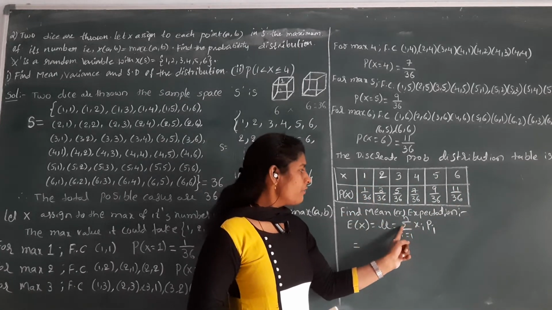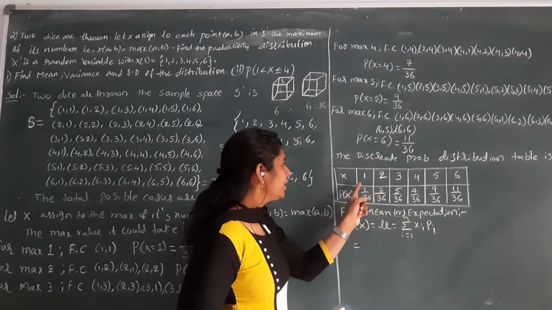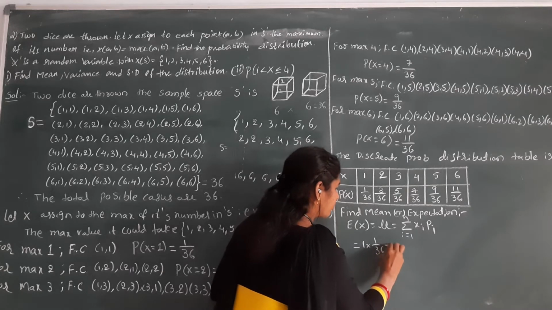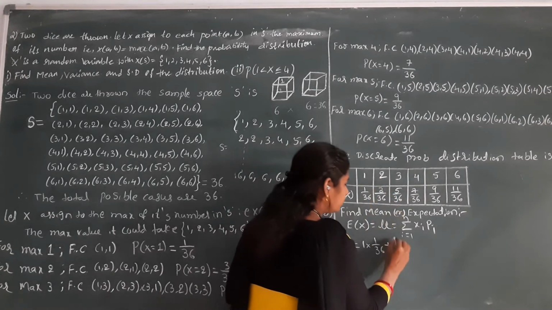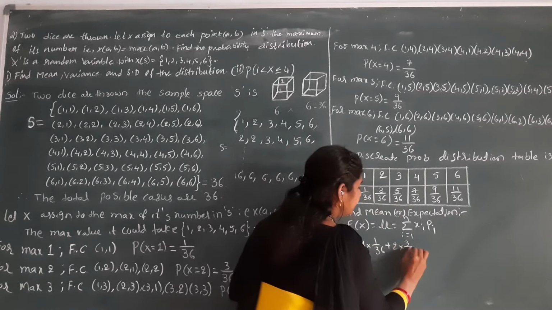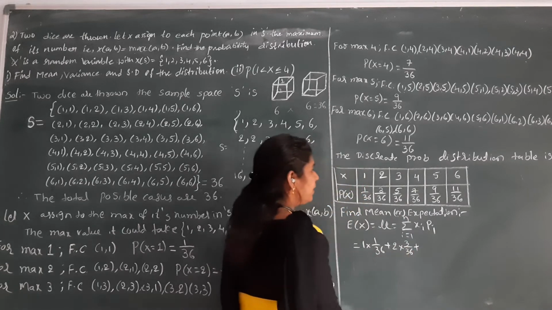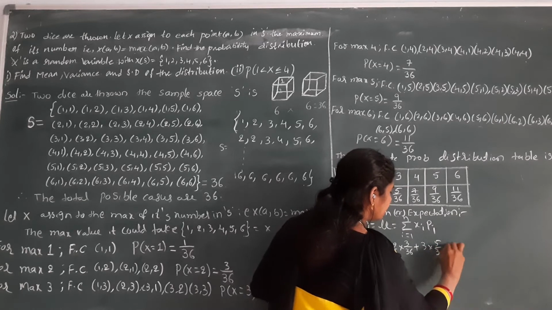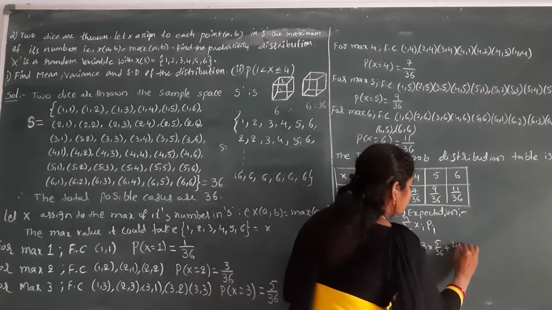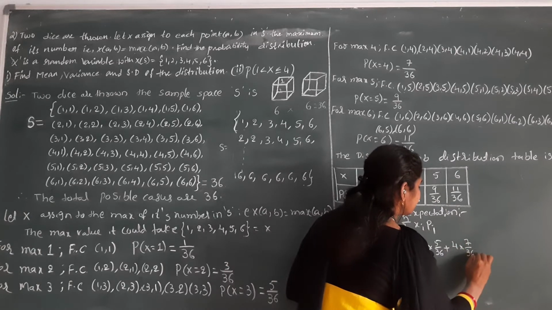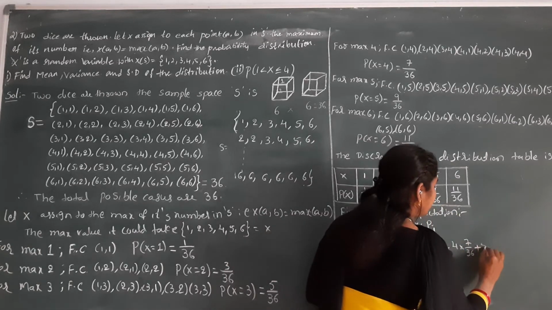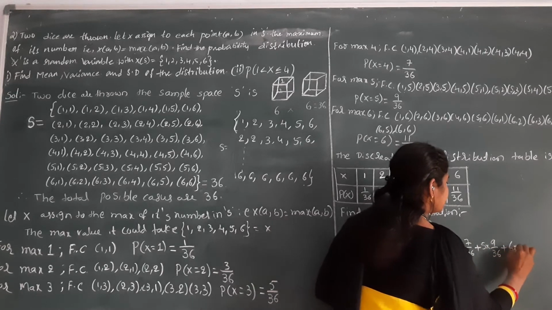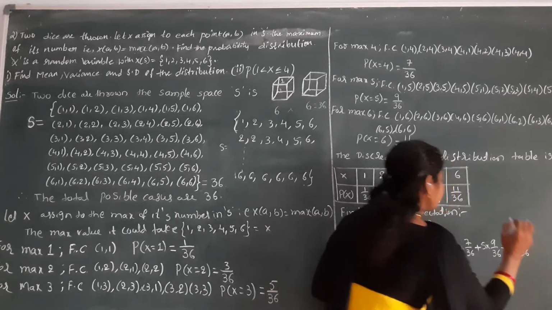So sum of xi pi, that means 1 into 1 by 36 plus 2 into 3 by 36 plus 3 into 5 by 36 plus 4 into 7 by 36 plus 5 into 9 by 36 plus 6 into 11 by 36.